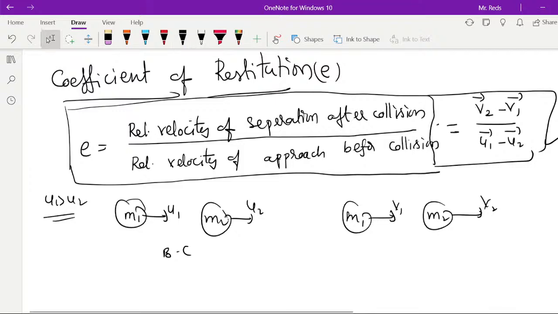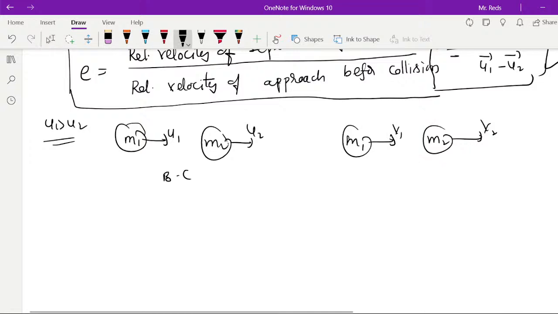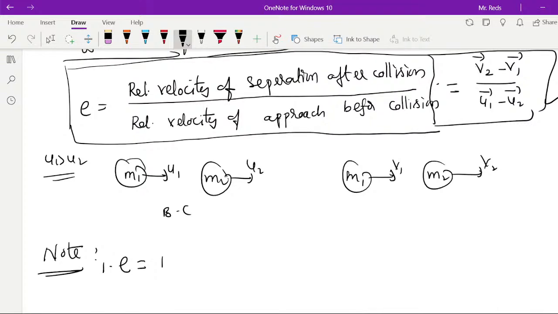Here, try to note down a few related points about the coefficient of restitution. Number 1, E is equal to 1 for a perfectly elastic collision. This means that for a perfectly elastic collision, the relative velocity of approach is equal to the relative velocity of separation. If these two are equal, they cancel and you get 1. That is the meaning of it.